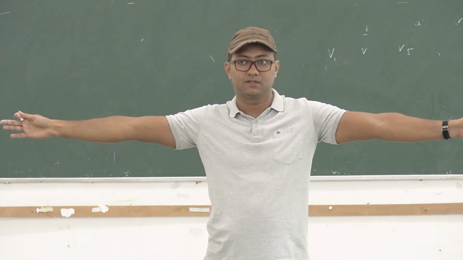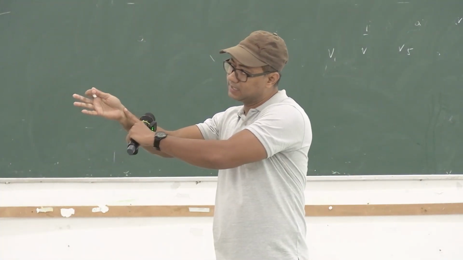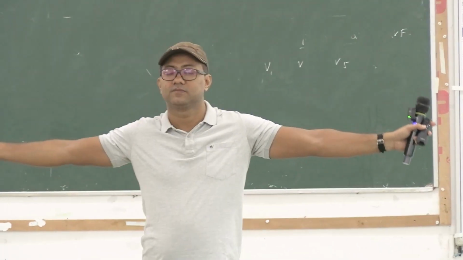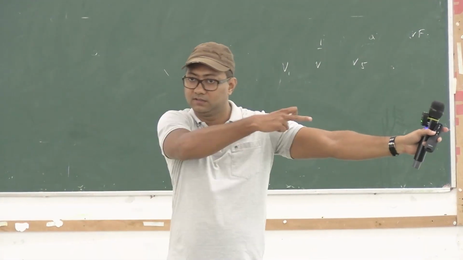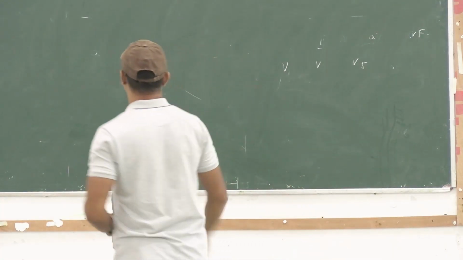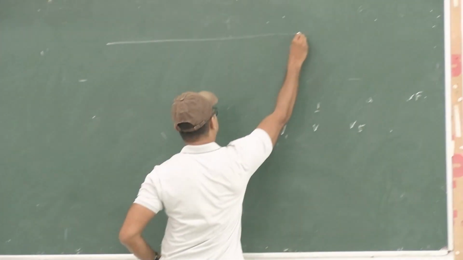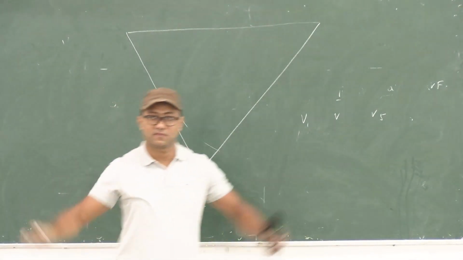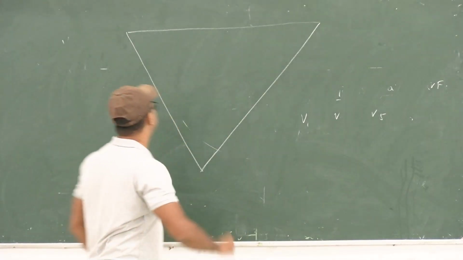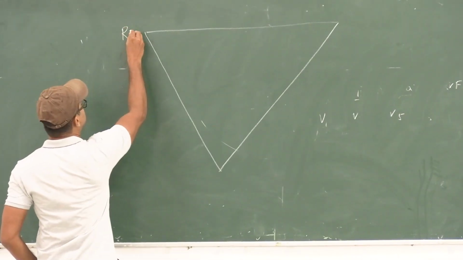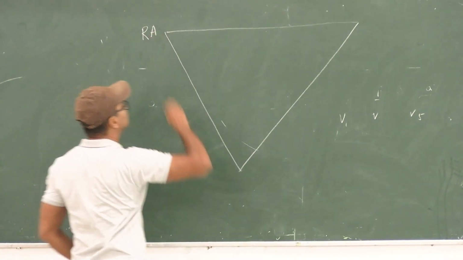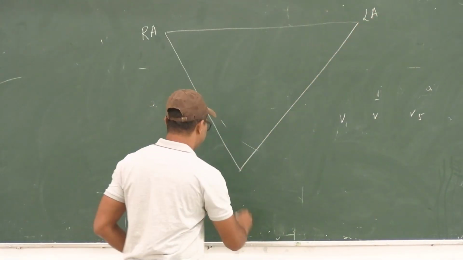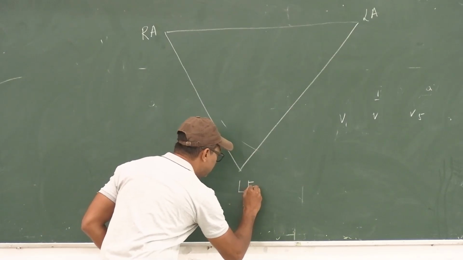I am drawing the same triangle over here. I am calling it right arm, left arm, and this is left foot.